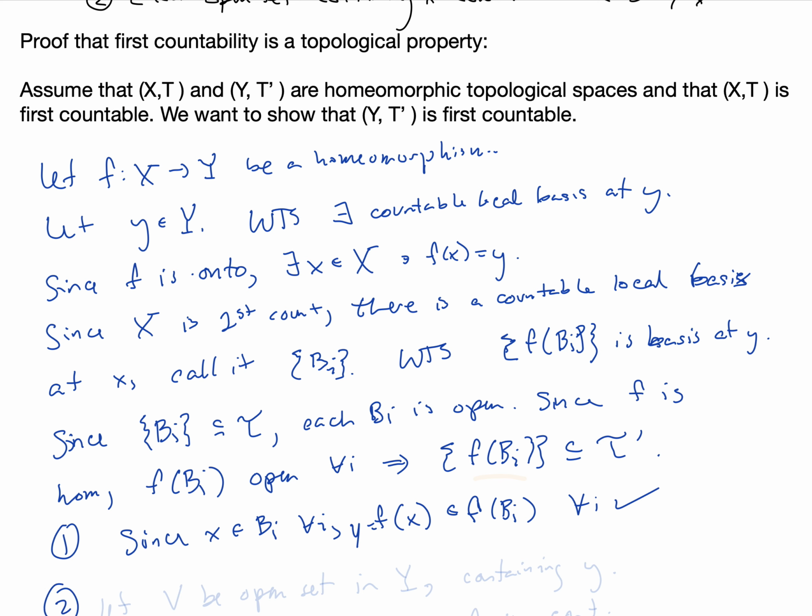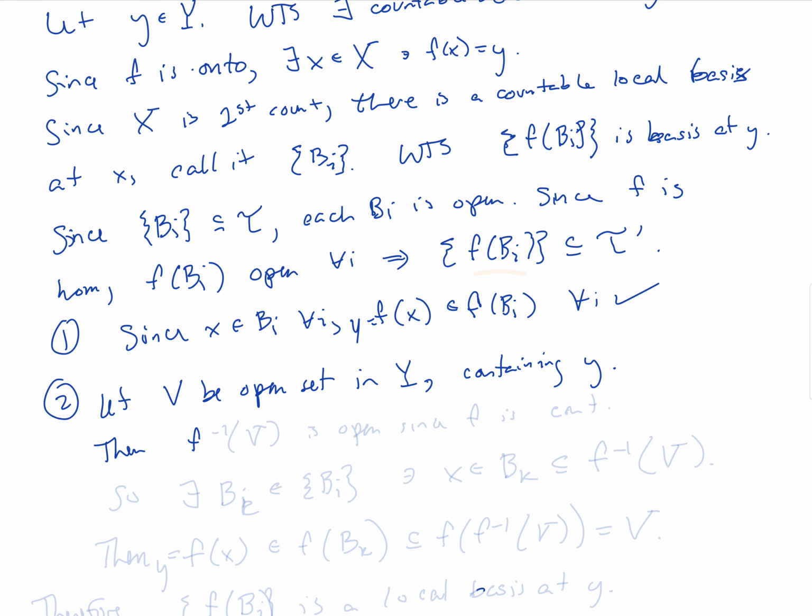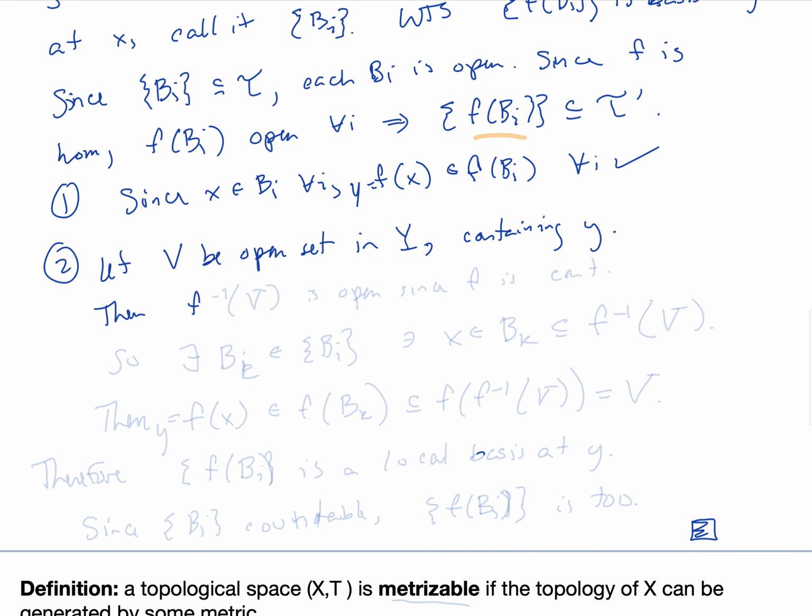For 2, we need to let V be an open subset of Y containing the point little y. We want to show then that there's some f of B_i such that f of B_i is contained inside of V. We need to show that.